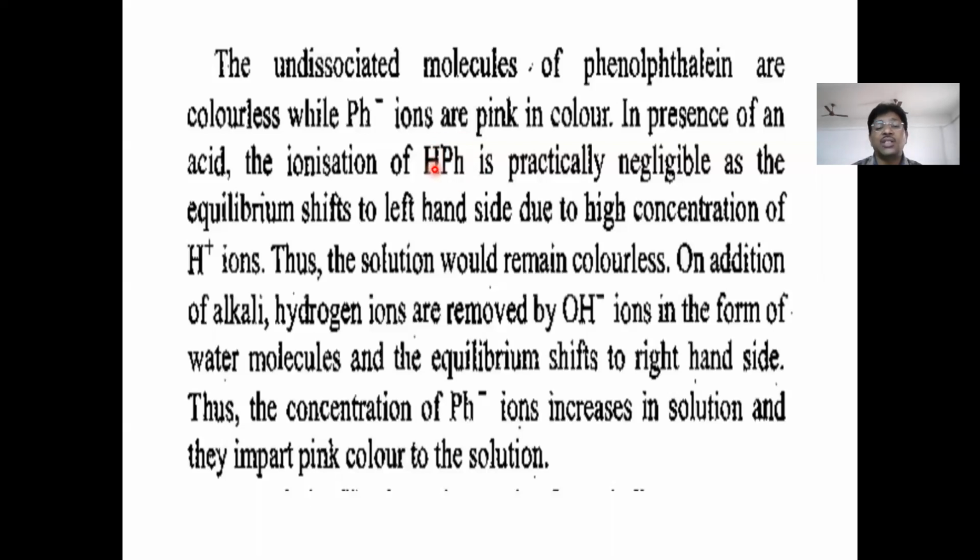So because of the common ion effect, the backward reaction will be favored here, and HPh dissociation will be reduced, as the equilibrium shifts to the left hand side due to the high concentration of H plus ions in acidic medium. According to Le Chatelier's principle, the backward reaction will take place. That's why undissociated molecules will be increasing in number. Thus, the solution would remain colorless.